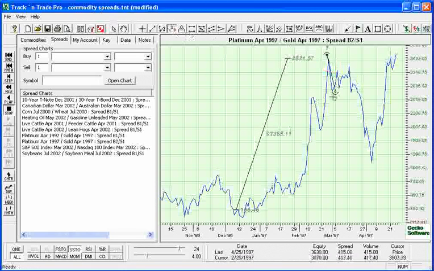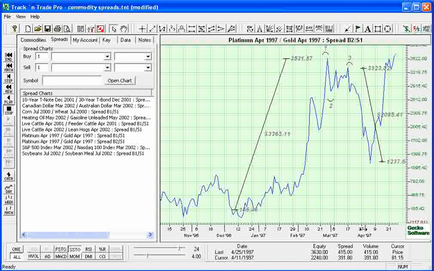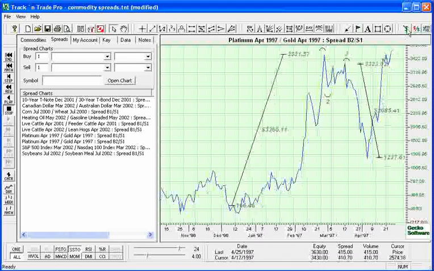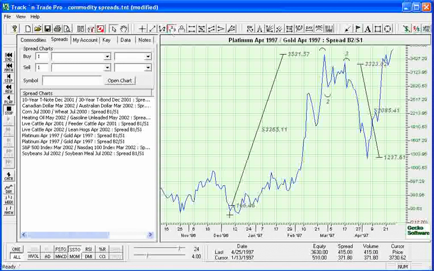Now, real quick, I think 50 times more gold is produced every year than platinum, or platinum is 50 times more rare than gold. Platinum is also used in catalytic converters. The auto industry is the single largest consumer of platinum.